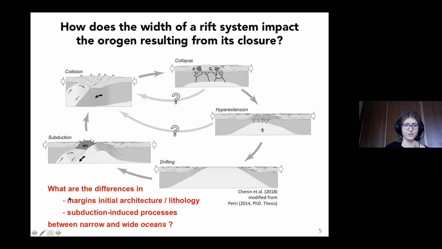To answer this, the first question is whether there is a difference in the architecture and lithology of hyperextended rift systems compared to mature oceans. And are there differences in subduction-induced processes when a hyperextended rift system is closed compared to when a mature ocean is closed?